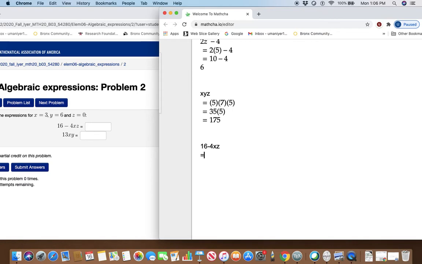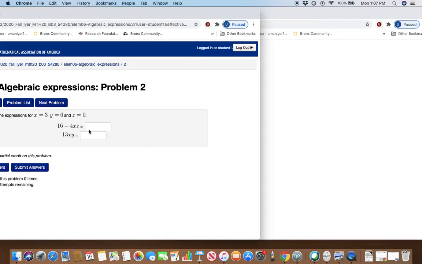Okay, that is 16 minus 4 variable. X is a variable, it has value 3. Z is a variable, it has value 0. Okay, so that is 16 minus 4 times 3 times 0. Anything times 0 is 0. So that gets me 16.